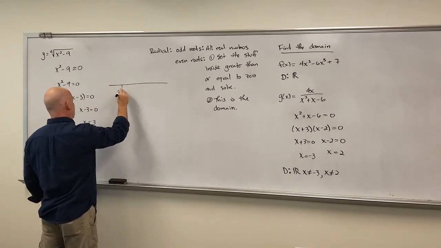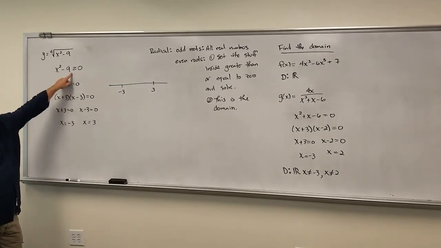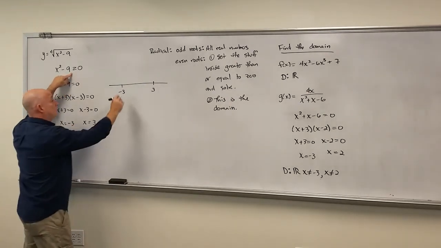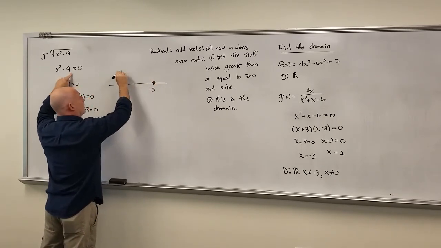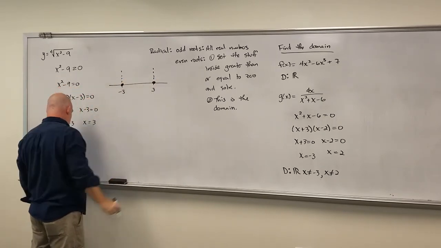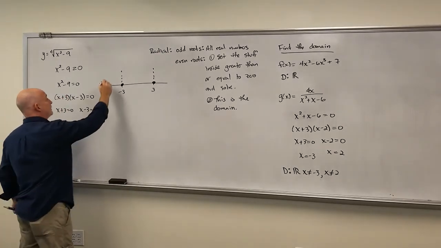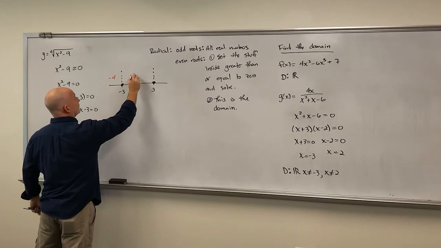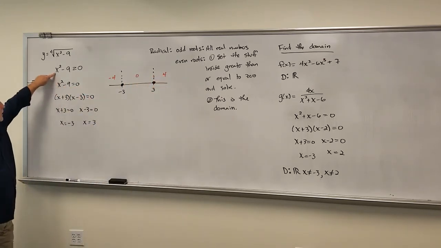So that would be what? -3, +3. Since our original inequality had the equal sign, these get closed circles. And remember, this breaks our number line up into 3 different regions. So we want to pick test values for each one of these: -4, how about 0 and 4, and plug it into our original inequality and see if it is true or false.